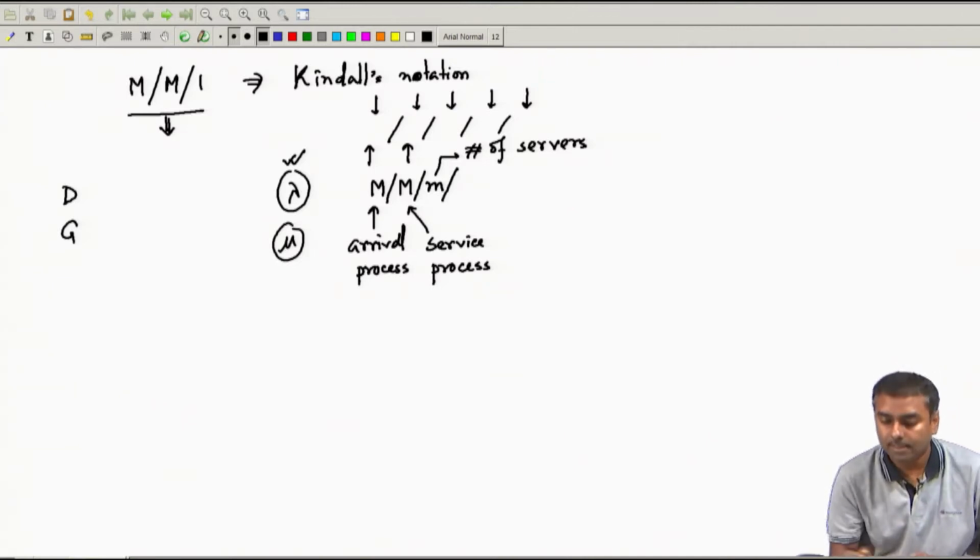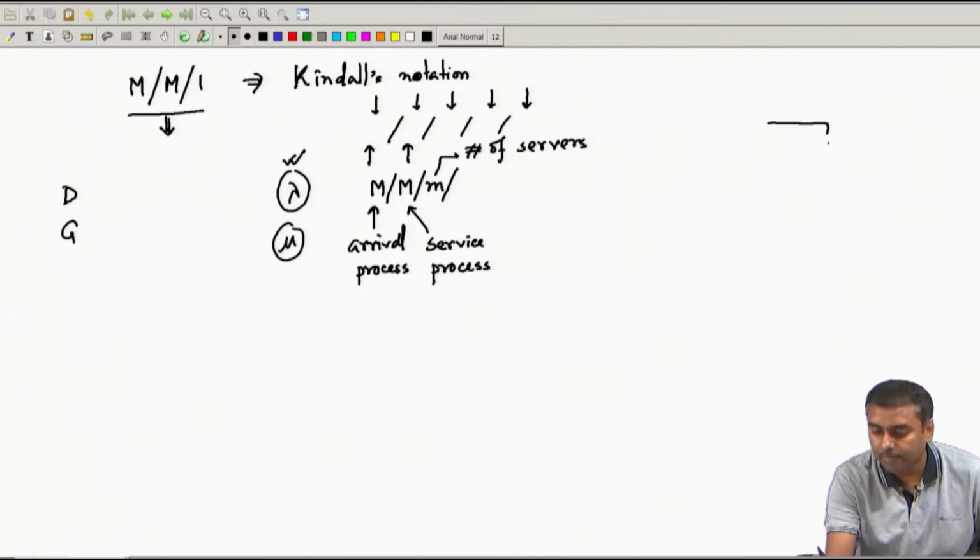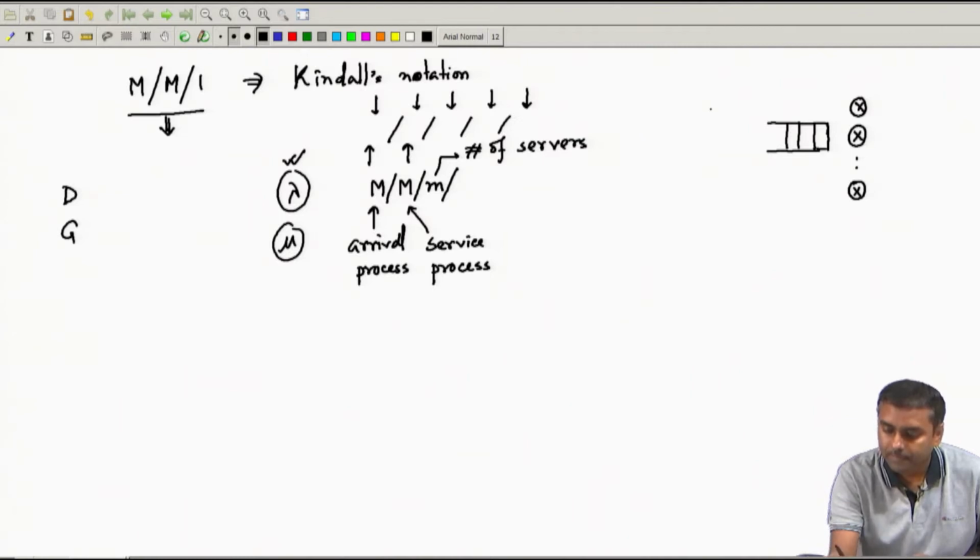The fourth place tells me, so basically now for a particular queue, I have a queue, followed by a server or a server system, multiple servers also can be there. I have arrival with some distribution.